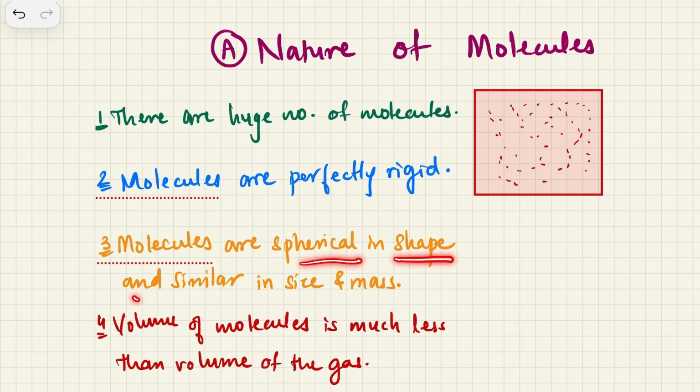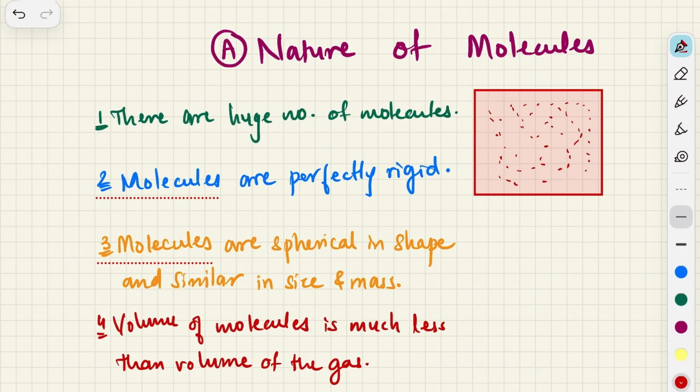Then the third assumption is the molecules are spherical in shape. They are spherical in shape and similar in size and mass. So when we are applying kinetic theory, we should make sure that we are considering molecules to be perfectly spherical in shape, and size and mass must be the same between two molecules. Here you should note that for molecules of the same kind, like if I have an oxygen molecule and another oxygen molecule, then they should be identical, spherical in shape, with the same size and mass.